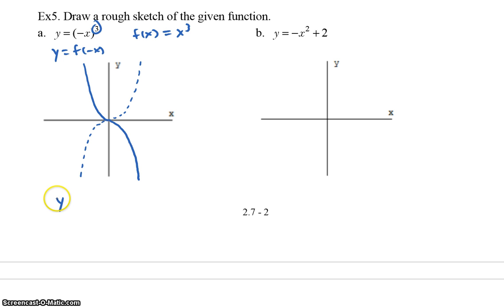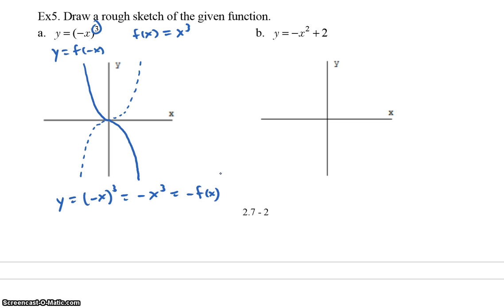If we consider what happens when we cube minus x, we should see it's really equivalent to minus x cubed. In other words, it's minus f of x.